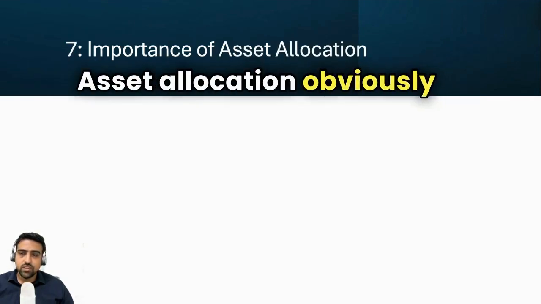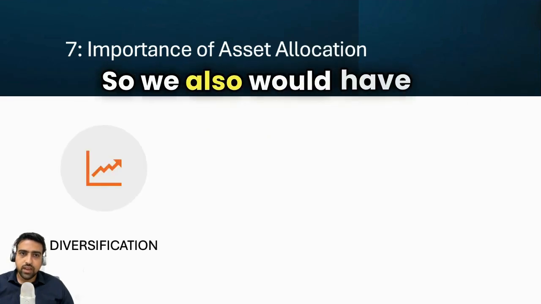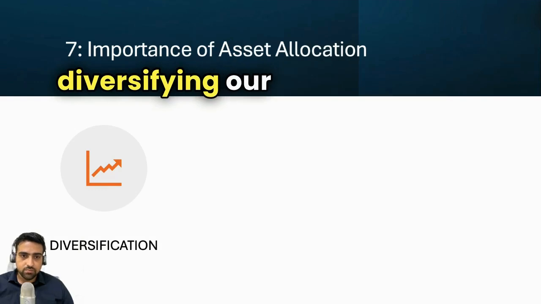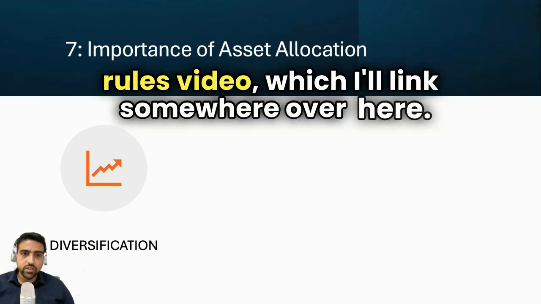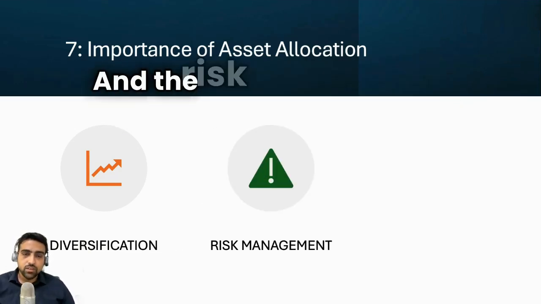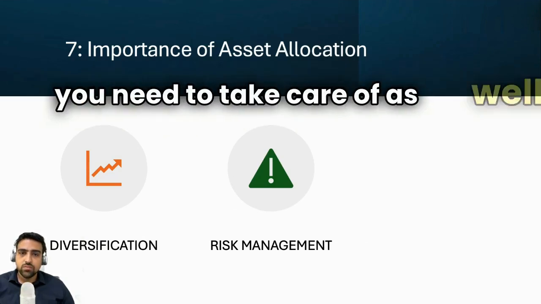Asset allocation obviously is very much important as well. We would also have to consider diversifying our portfolio based on age. I talked about it in our 8 money rules video, which I'll link somewhere over here. And risk management is something that you need to take care of as well.